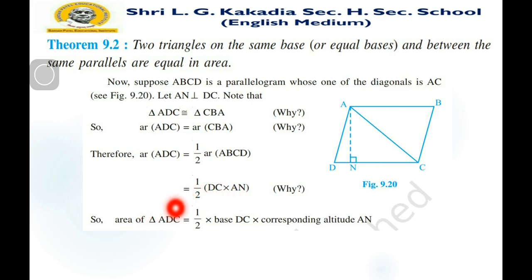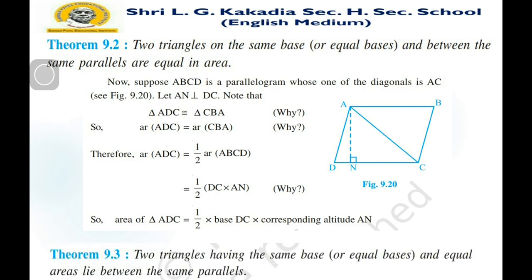So area of ADC is half of base DC times corresponding altitude AN. So easily we can find that the area of a triangle is equal to half of base into corresponding altitude or height.